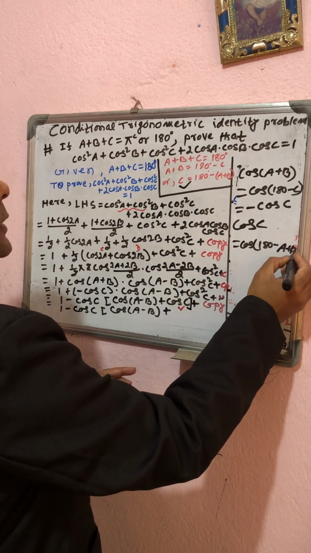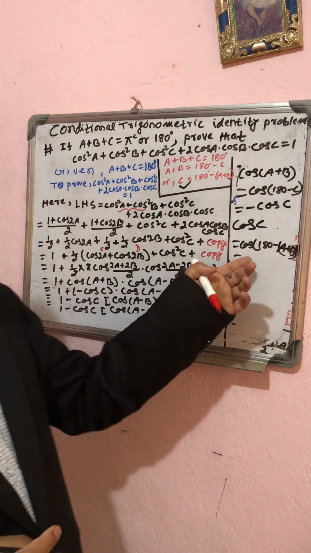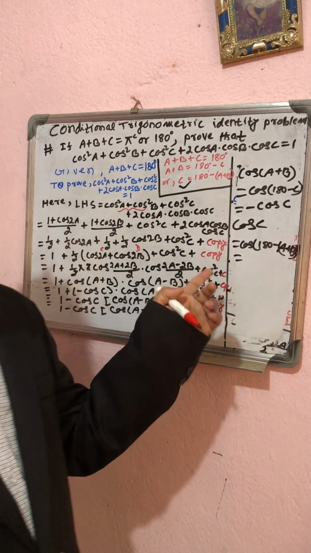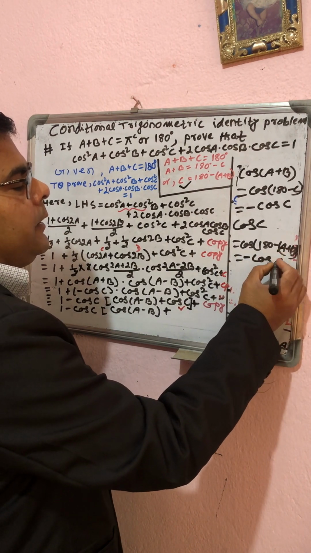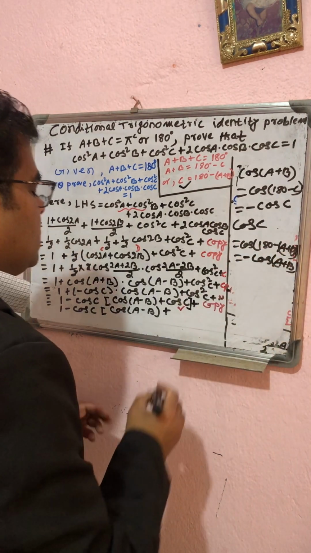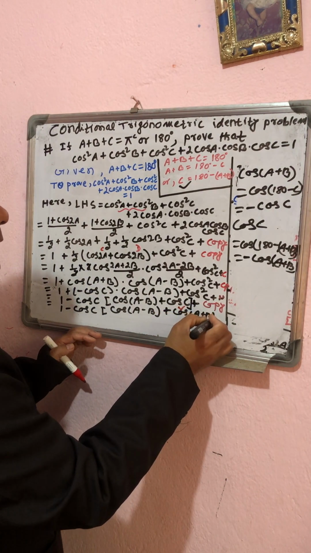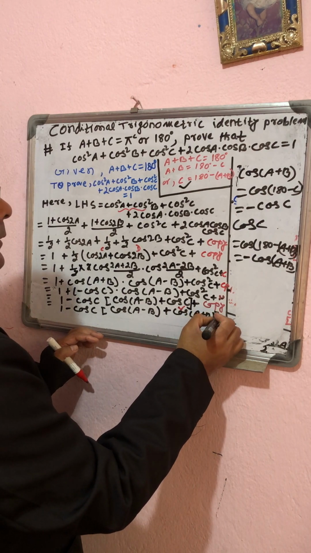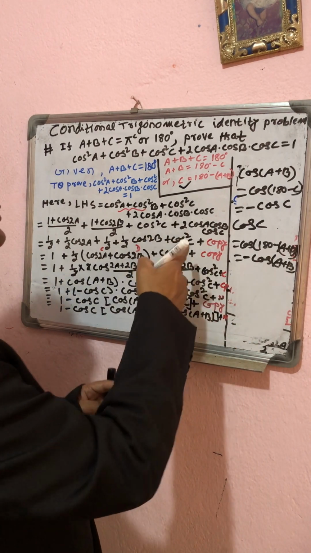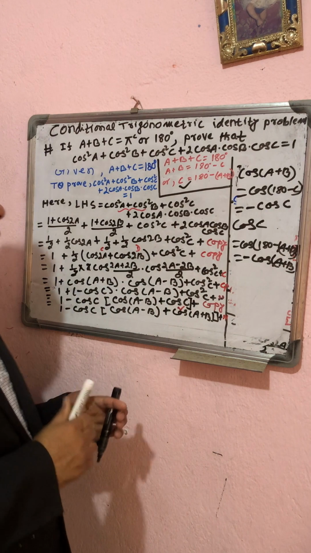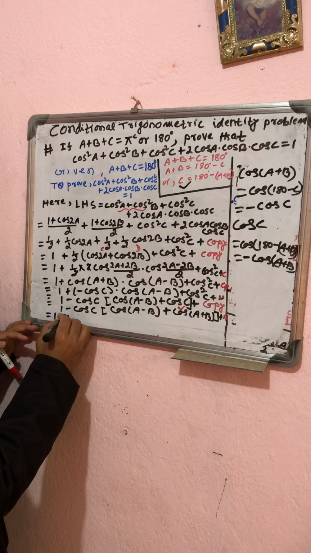And this is again cos(180 minus theta), so there will be a cos itself, but as this is in the second quadrant, it will be the negative cos of the given angle A plus B. So in place of cos C, you can write negative cos(A+B), and then copy the rest of the terms: 2 cos A, cos B, and cos C. After that, this is 1 minus cos C.